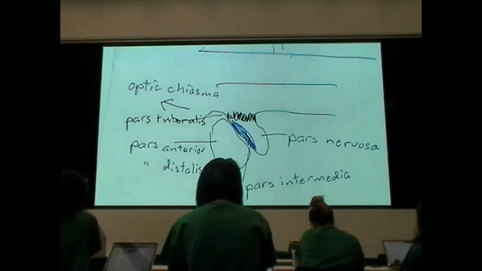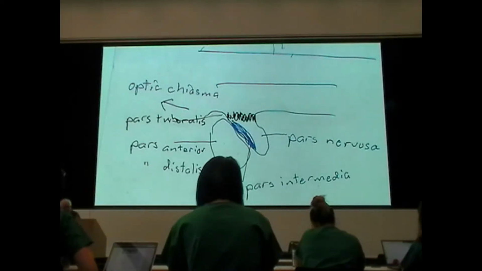Now, eventually, the metaphysis will become insensitive to growth hormone, and by a kind of negative feedback, the cells that are making growth hormone in the pituitary will stop making growth hormone.